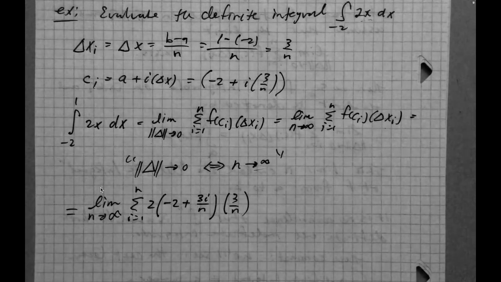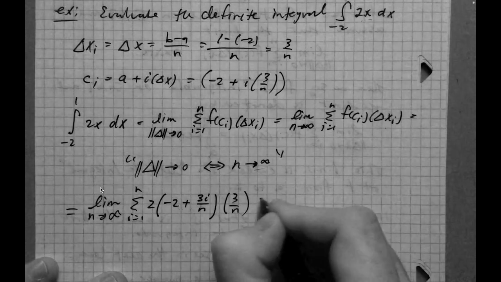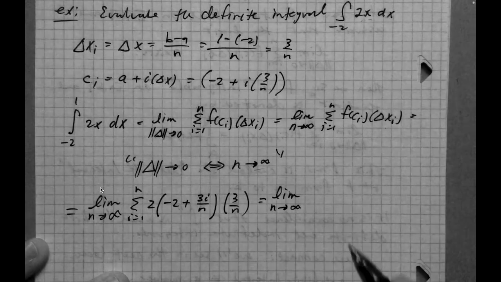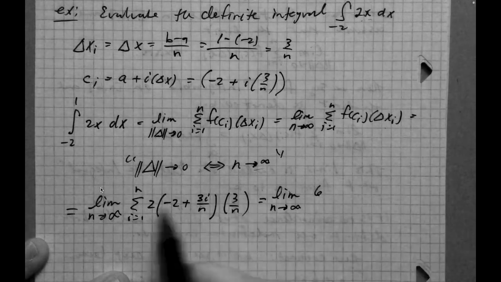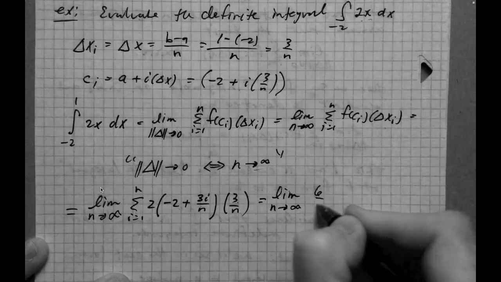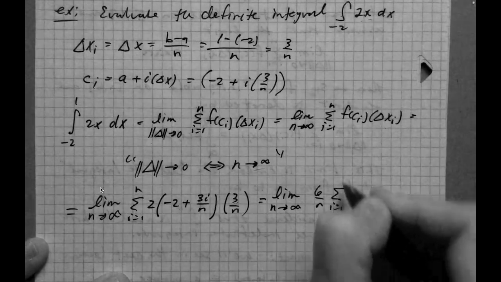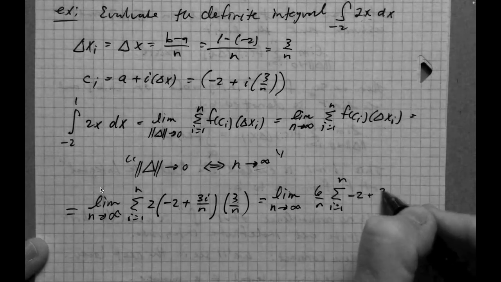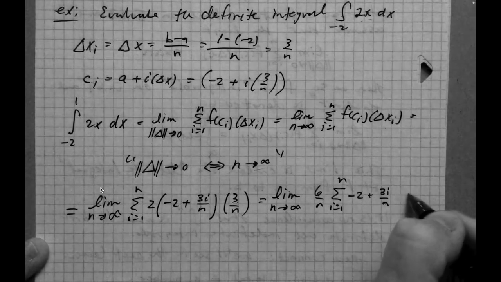We can sort this out pretty quickly. So the limit as n goes to infinity, let's pull out a 6 over n: 3 times 2 is 6, and there's the n. And what do we have left? -2 plus 3i over n.